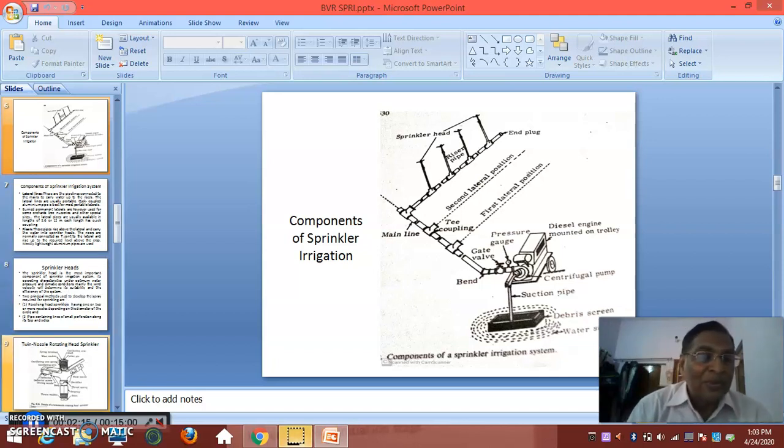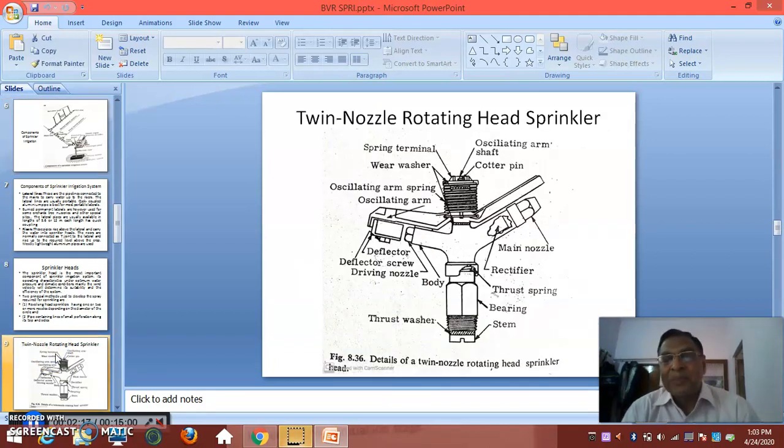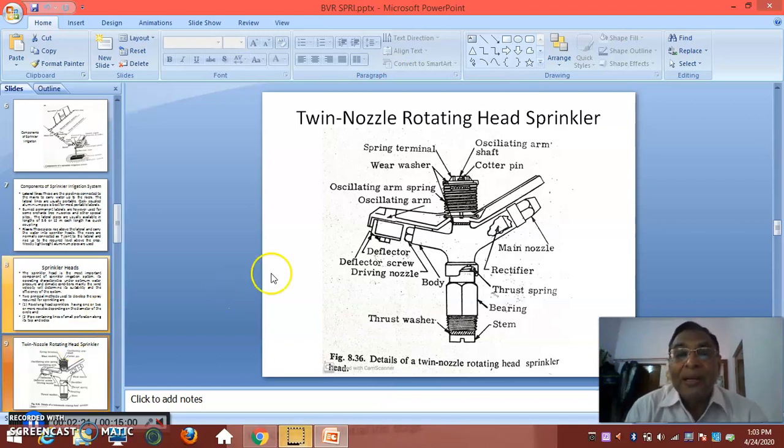I don't want to explain all of it, but here are the details of a twin nozzle rotating head sprinkler. You can see the spring terminal, weir washer, oscillating arm shaft, cotton pin, main nozzle. Basically the water is ejected from very fine orifices or nozzles, and for controlling there are thrust springs and bearings, and these are all mechanical parts.